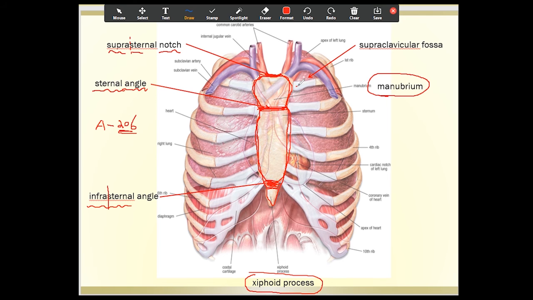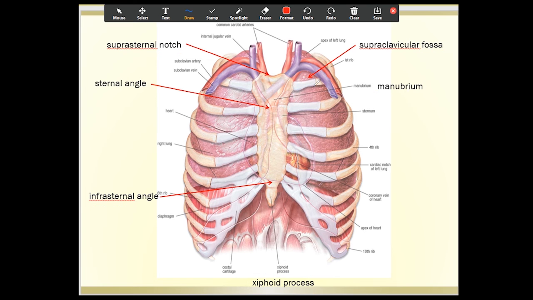Then about the clavicle bone. Here is the clavicle bone, and for this area we use the same medical words: supraclavicular and infraclavicular fossa, where fossa just means a divot area. So that's some anatomy location, and if we find something, we can mention where it is.